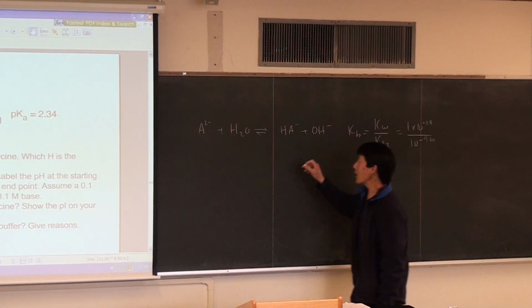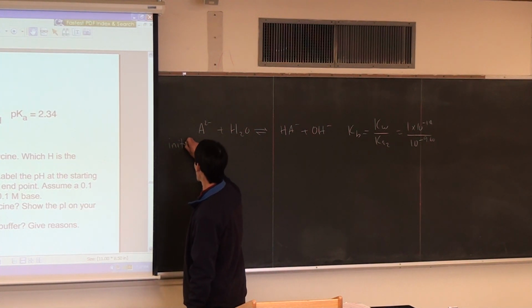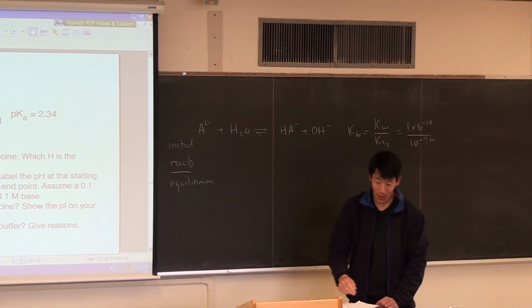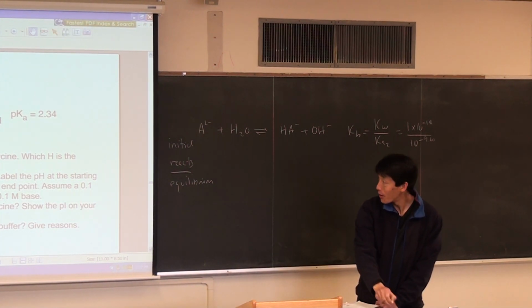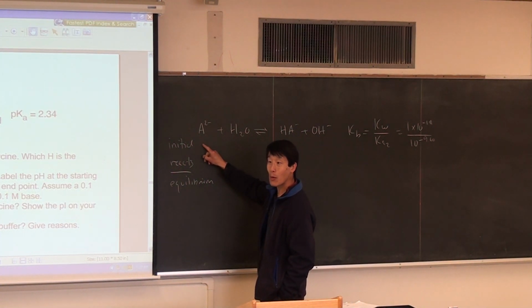And then we do our equilibrium calculation again. From here, we need to know the initial concentration of A2 minus.